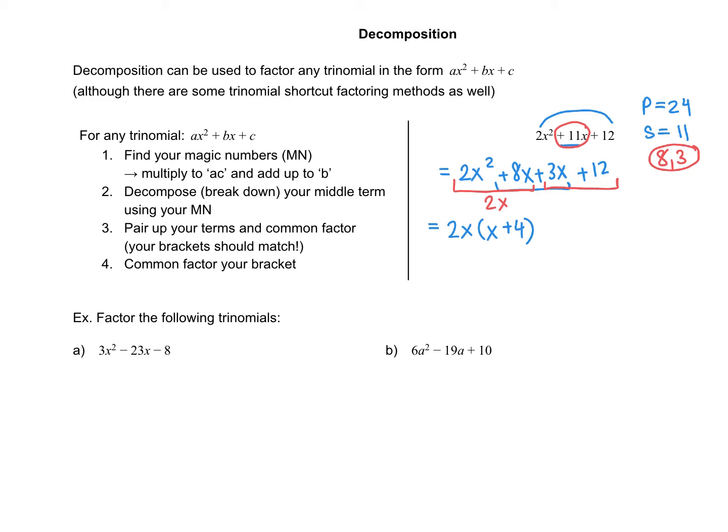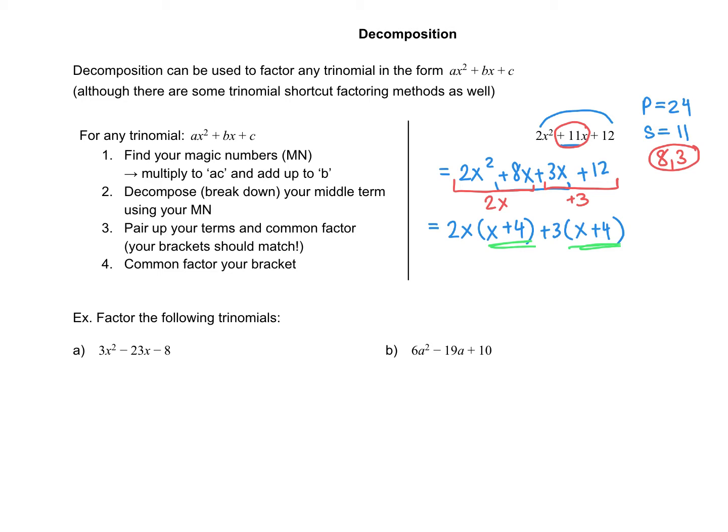In my next pair, between 3x and 12, they have a positive 3 as a common factor, no variable. So I'll write plus 3, and then 3x divided by 3 is x, and 12 divided by 3 is 4. You will know that you have chosen the correct magic numbers and that you've common factored correctly if your two brackets match. If they don't, you made a mistake somewhere.